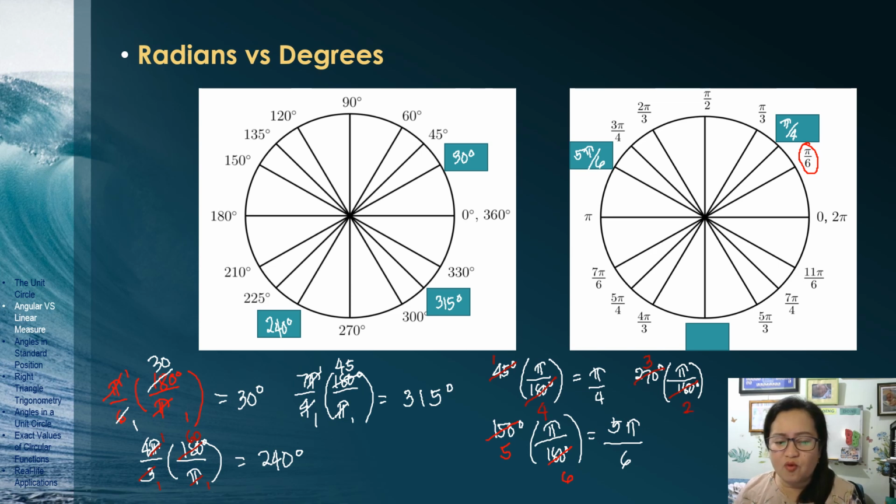So therefore, the answer would be 3 halves pi, or 3 pi over 2. So 270 degrees is equal to 3 pi over 2.